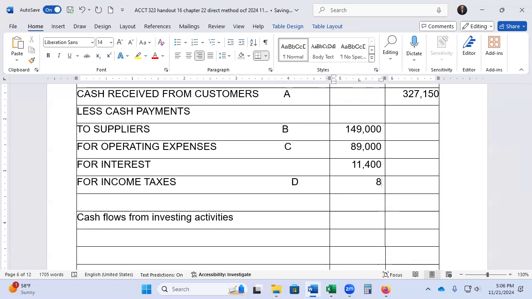So we put that up here. And I have this total at 258,150.